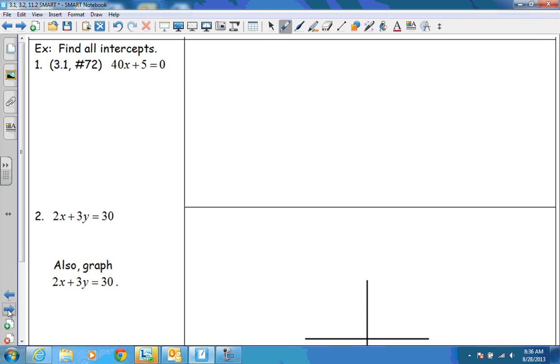So, find all intercepts. This first one's kind of tricky. Do you have an x and a y? So what can you find? Your x-intercept? Discuss it with your table. See what you can think. What's your x and y-intercept on this first one? See what your members think.